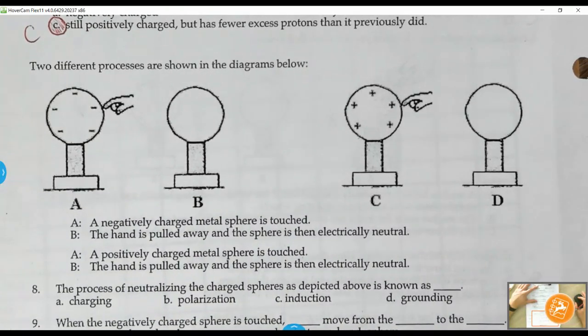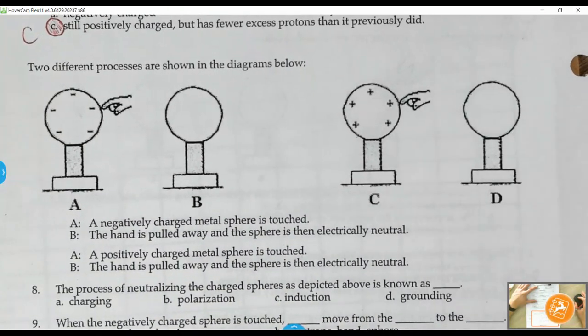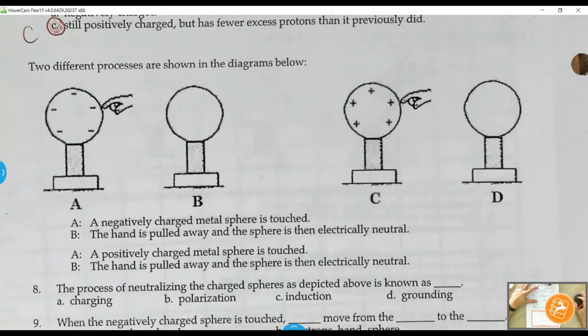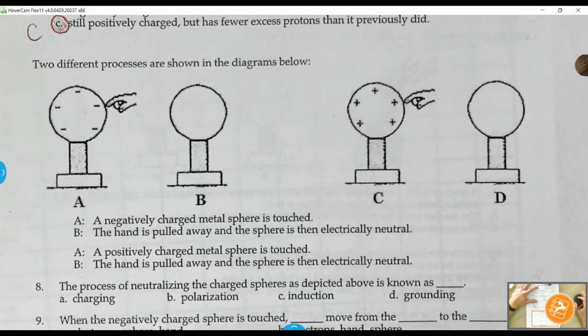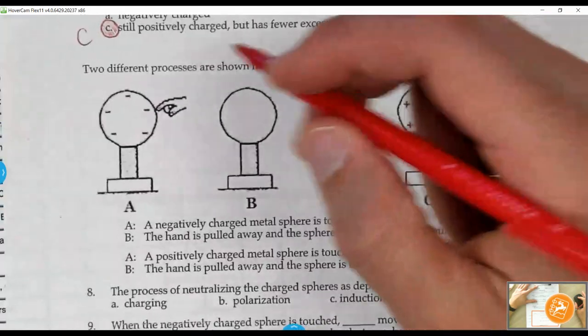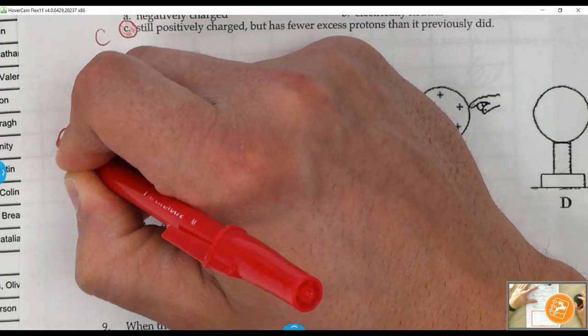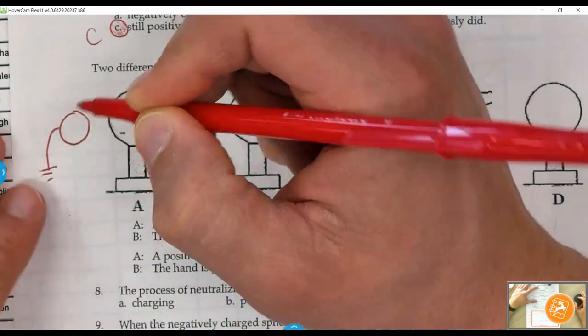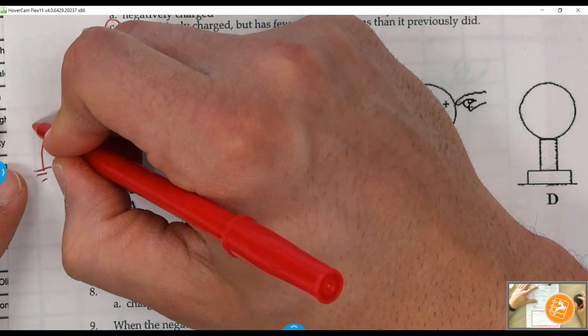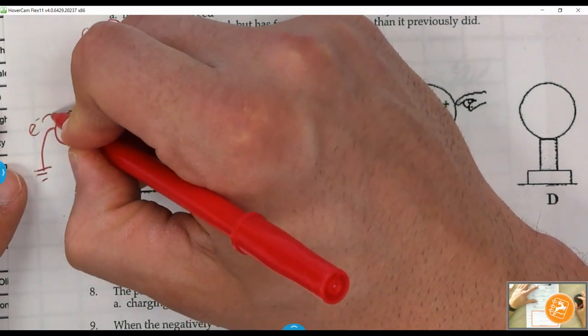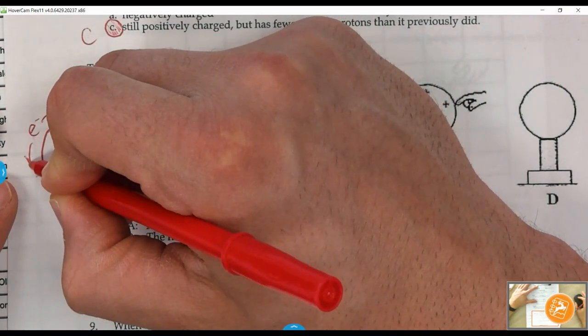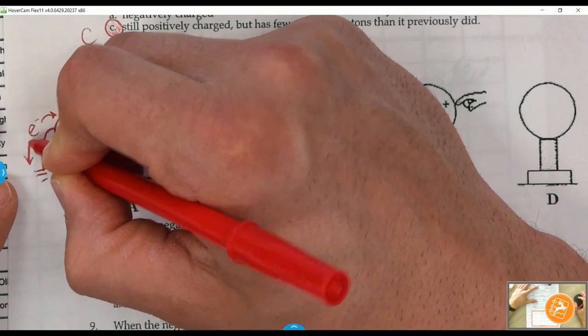So what is good here? Well, the hand, again, is acting as a grounding wire. All right, so electrons can either jump into or move away from the charged object.